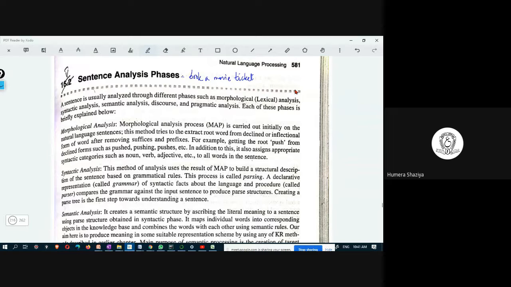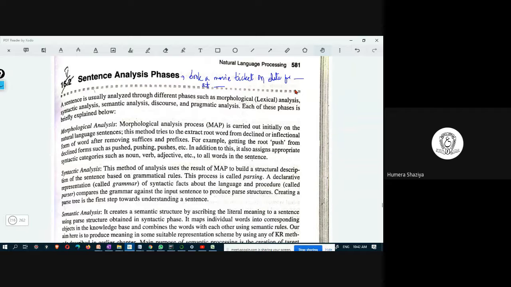Suppose there is a sentence, book a movie ticket on this date for this movie, on a specified date for a particular movie, at which theater. You have written this sentence in your assistant interface. You have an assistant, means automated assistant, not a human assistant, a machine assistant. To that machine assistant, you write this text and say submit.